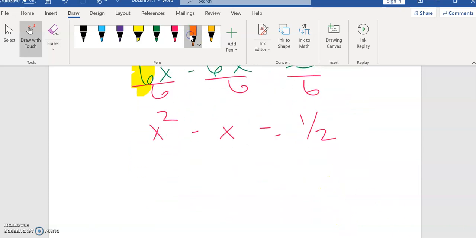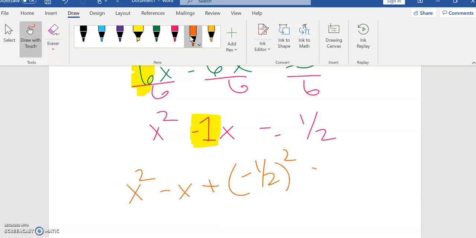Then what I'm going to do next is I need to know what my b is. My b in this case, it's not written in here, but remember there's really a 1 here. So I need half of -1. So then half of -1 is -1/2. So x squared minus x, plus -1/2 squared.